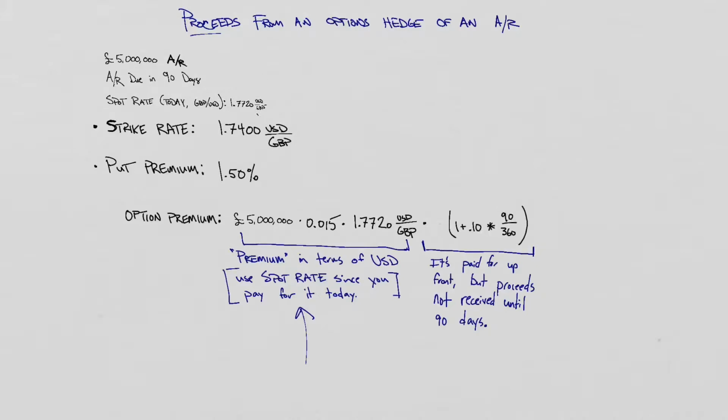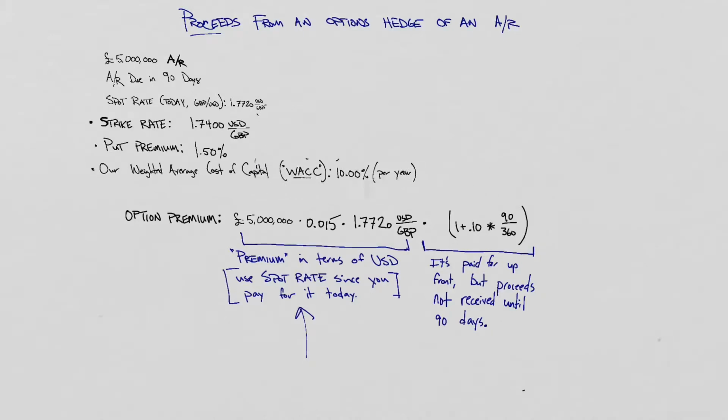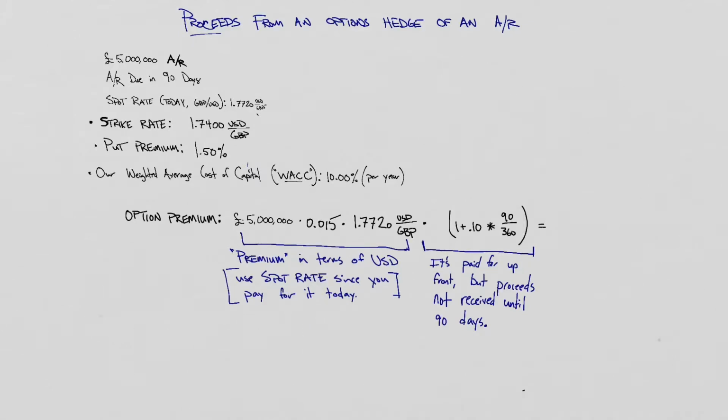And that weighted average cost of capital was 10%. So this gives us a total cost in dollar terms for the premium of this option, how much we pay and don't get back, of $136,000. So if that's the cost, then let's check out the benefit.